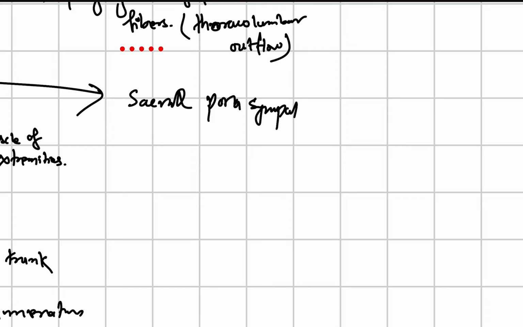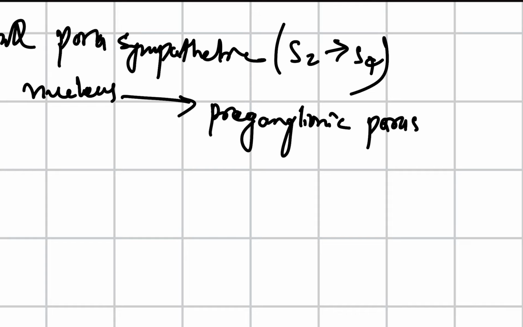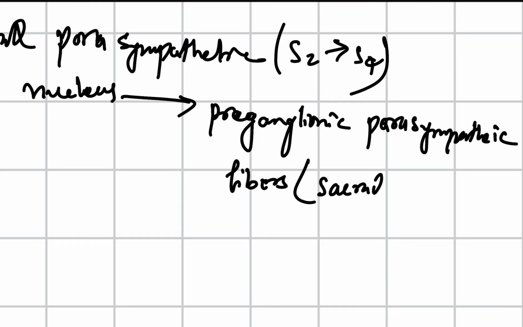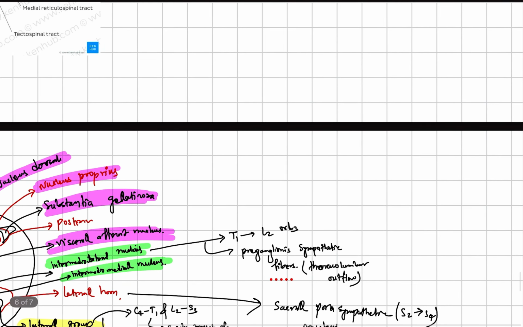It is present in S2 to S4, and its function is to be the source of preganglionic parasympathetic fibers, the sacral outflow. These are regarding the anterior and lateral horns. Now we are moving to the posterior.